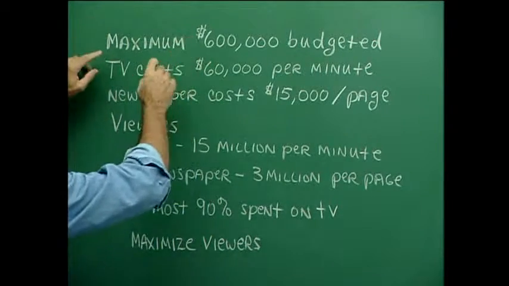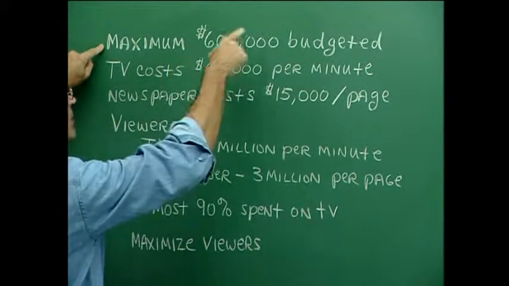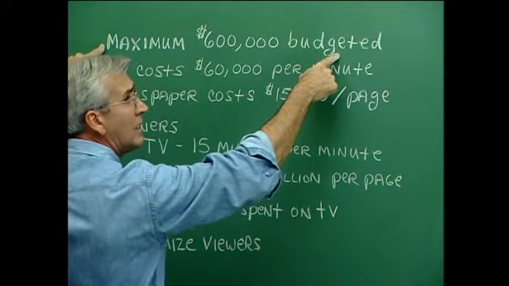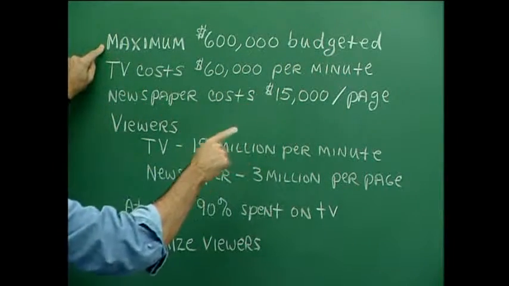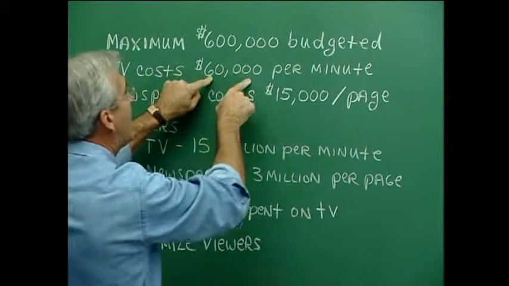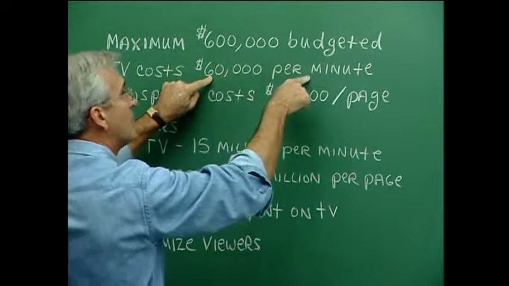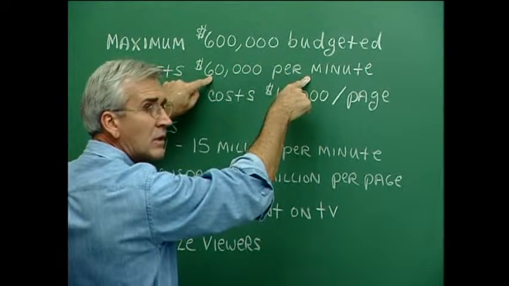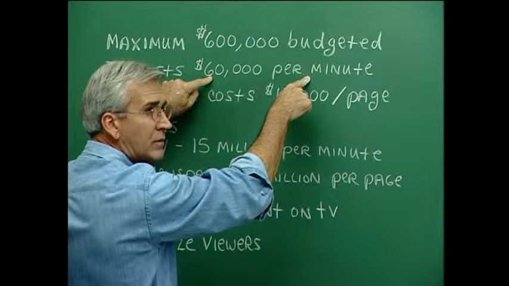Okay, at the very top we have a maximum of this amount is to be budgeted. Now, how do we figure the cost here? Well, the cost is $60,000 per minute of TV time, but those minutes are X values because we let X stand for the number of minutes of TV time.